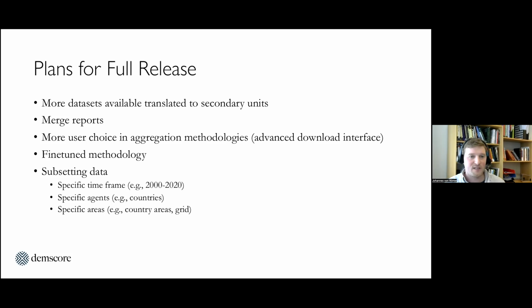Until the full release, we will have a fine-tuned methodology that we say, yes, this is a good methodology that can be used for scientific publications. And we're also planning to tweak our download interface so that maybe more fine-grained data can be selected, maybe a specific time frame or a specific set of countries or a specific area, for example.